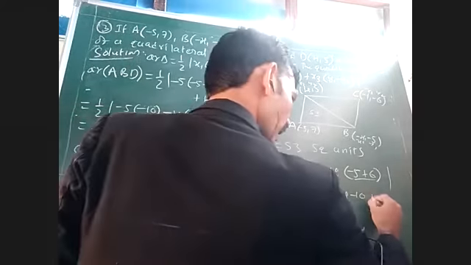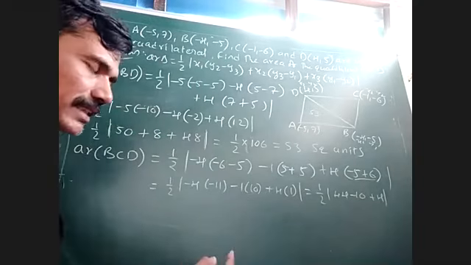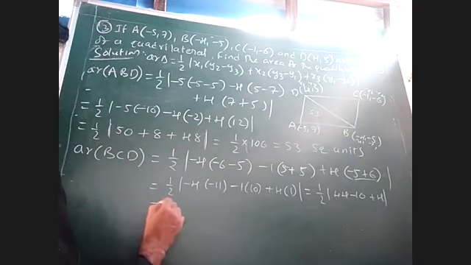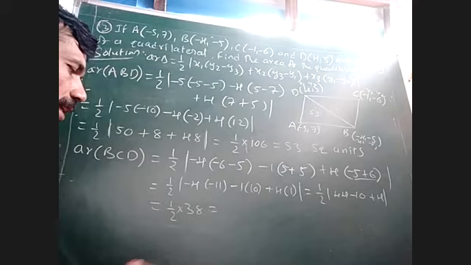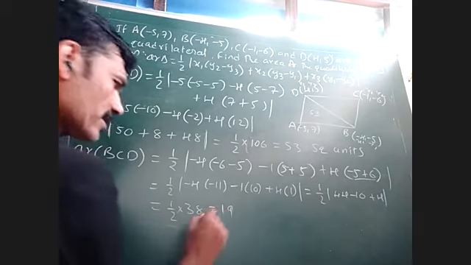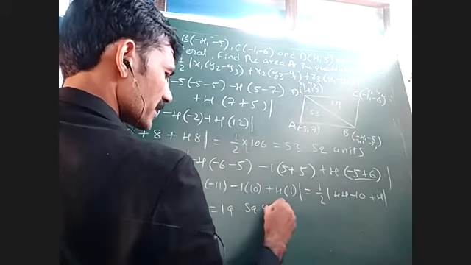This is plus 4. 44 plus 4, 48. 48 minus 10 means we get 38. Half of 38 means divide by 2, 19. So this area is 19 square units.